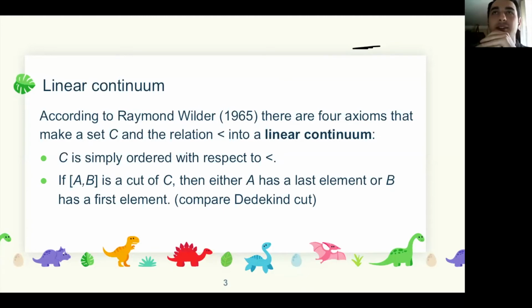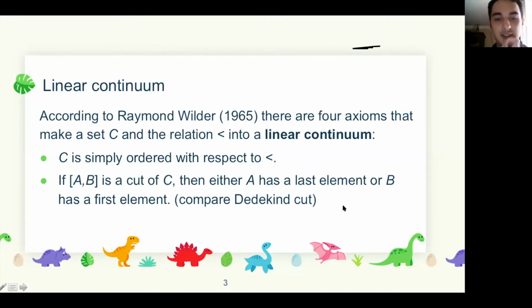You can read from your presentation, Ertuğrul. Okay, just relax. A linear continuum is according to four axioms. Firstly, C is a simple order with respect to less than.